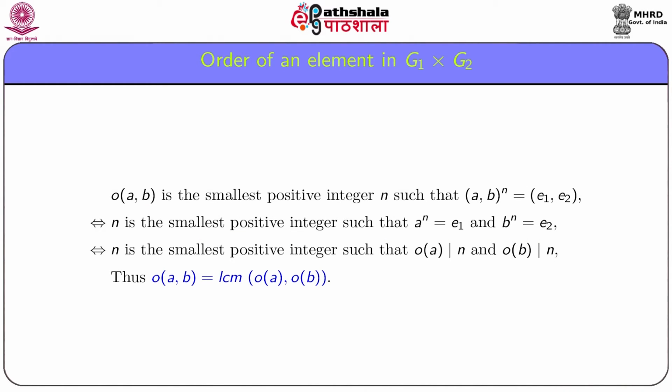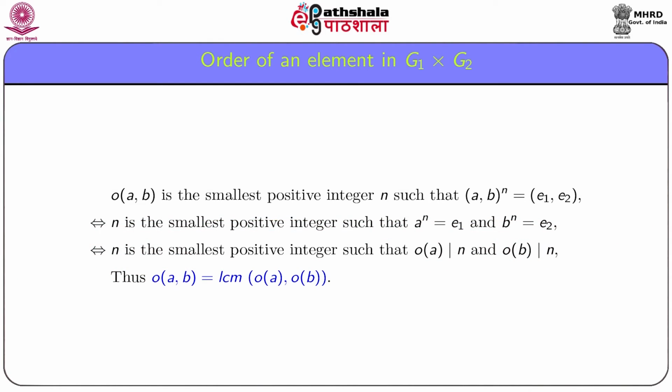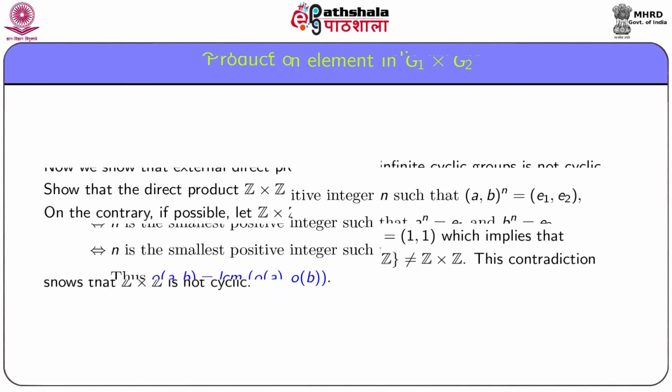This is equivalent to n being the smallest positive integer such that a^n is equal to e1 and b^n equal to e2, which is equivalent to n being the smallest positive integer such that the order of a divides n and the order of b divides n, and hence it follows that the order of (a, b) is equal to the LCM of the order of a and the order of b.